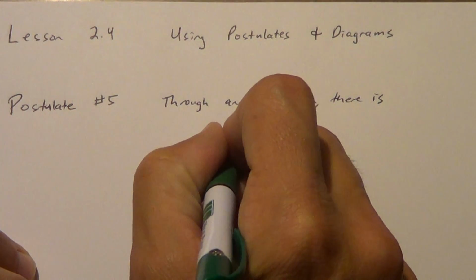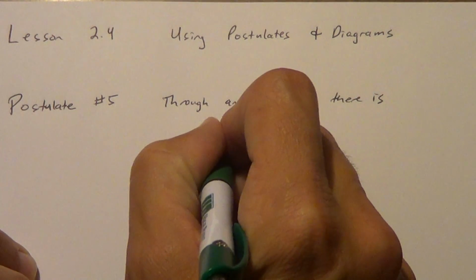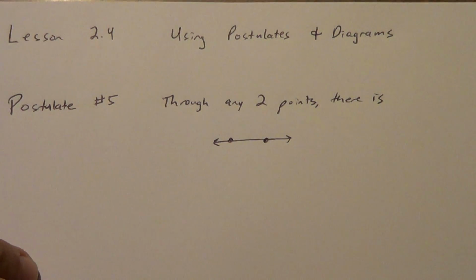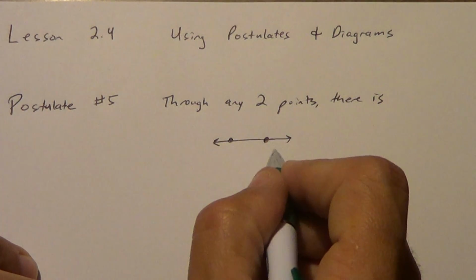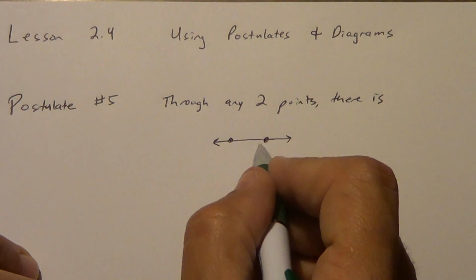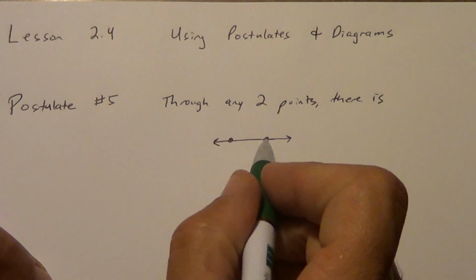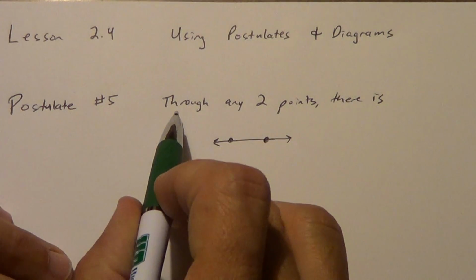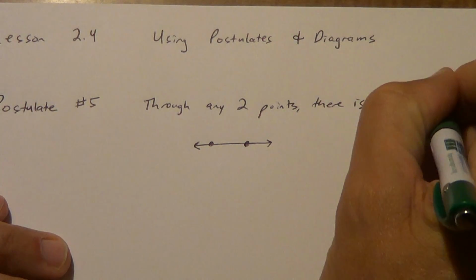We could draw a segment or a ray as well, but we could draw a line. Is there any other possible line that I could draw there? Could I draw a second line that kind of came this way and then back down? No, because remember lines have to be straight, so that curves. There's no other place that I could draw a line that's straight and would connect these 2 points. So our postulate says through any 2 points there is exactly 1 line.